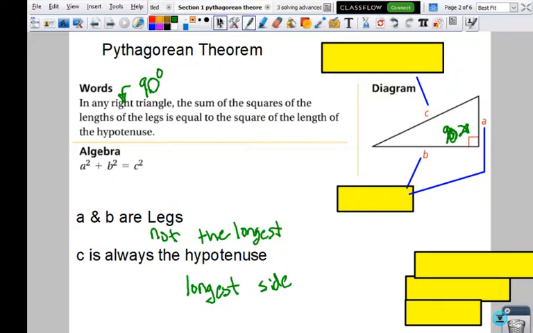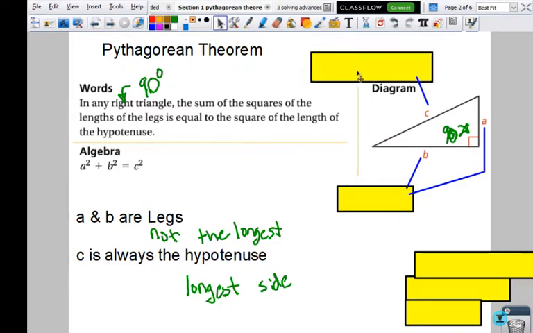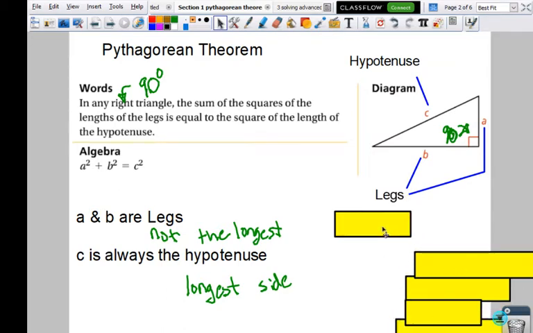So if I look at this triangle over here on the right, C is my hypotenuse because it's the longest, and then A and B are legs. The order of A and B doesn't really matter. You could flip it around and call this A or this B. The only thing that really matters is C. So C is always your hypotenuse, A and B are legs, and the Pythagorean theorem says if you take the legs and square them, it equals the hypotenuse squared.